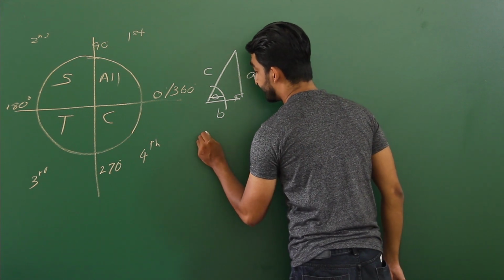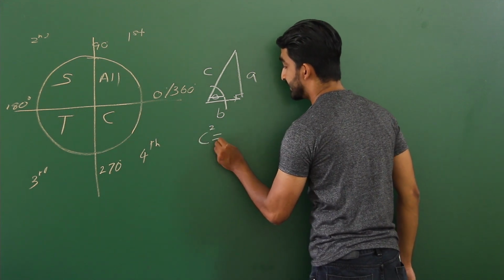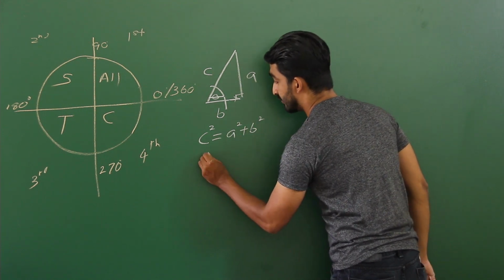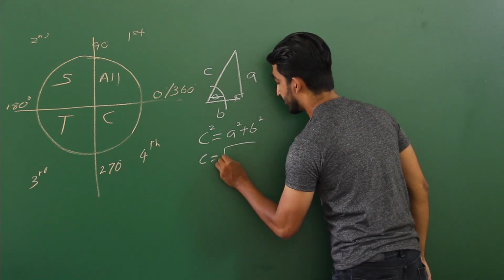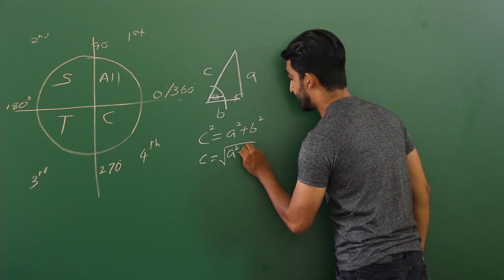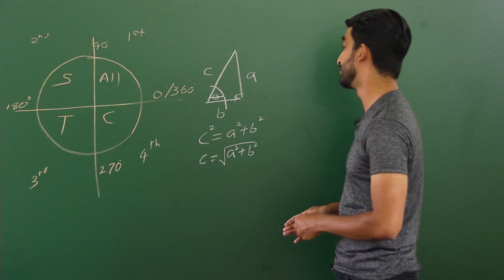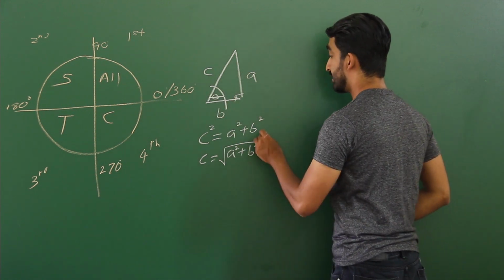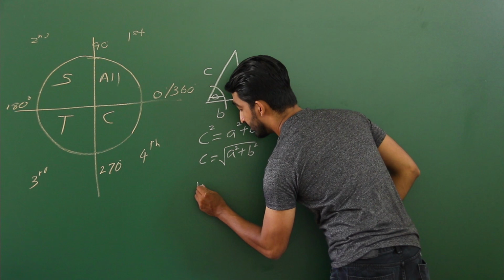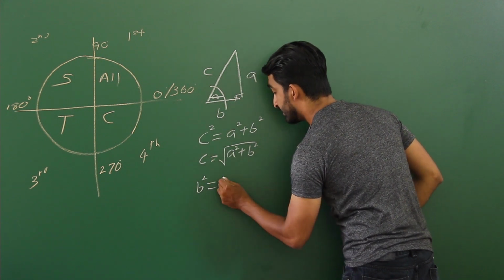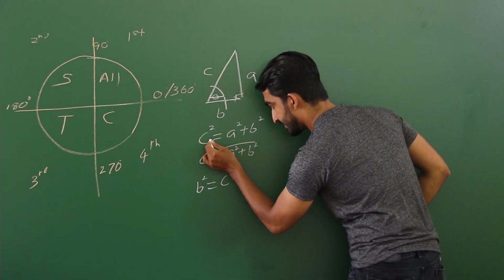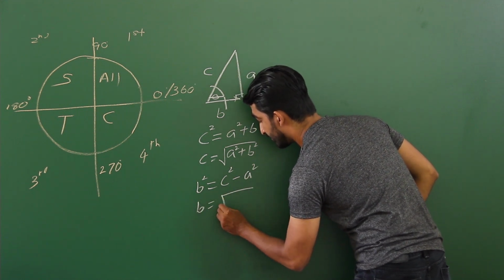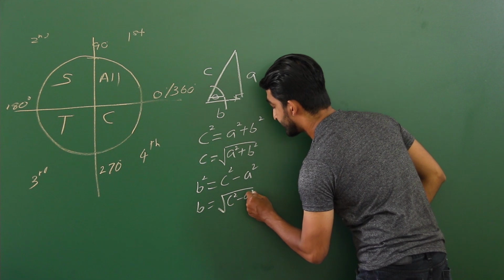Using Pythagoras, C square equals A square plus B square, so we can find C by the square root of A square plus B square. Now let's imagine A and C are given and B is not given. Then B square can be written as C square minus A square, so B is the square root of C square minus A square.